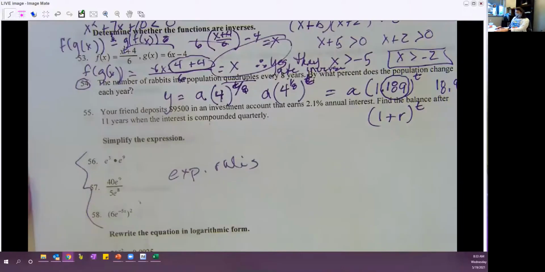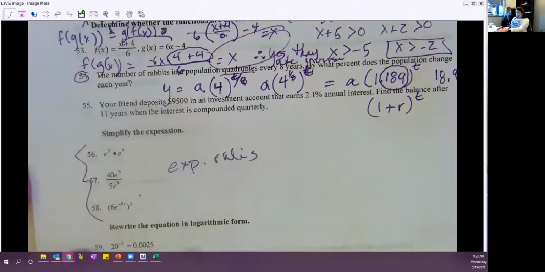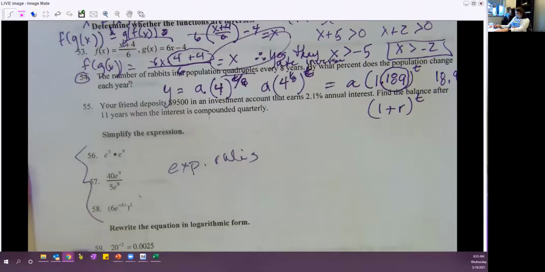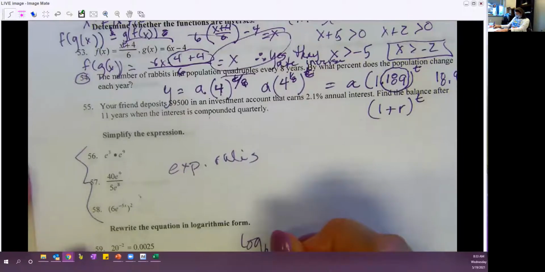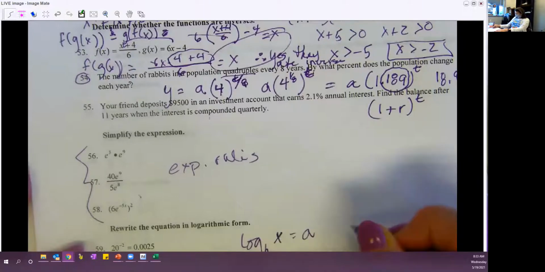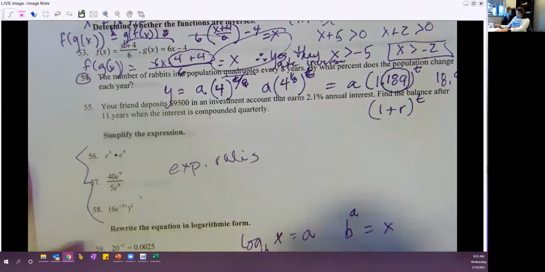Rewrite it in logarithmic form. So I have a base raised to a power is equal to a number. This is exponential form. It's this way, log base b of x equals a. And then that becomes the base raised to the a power is equal to x.